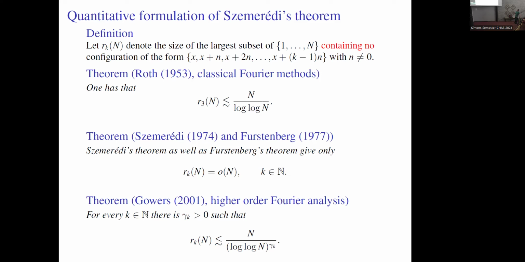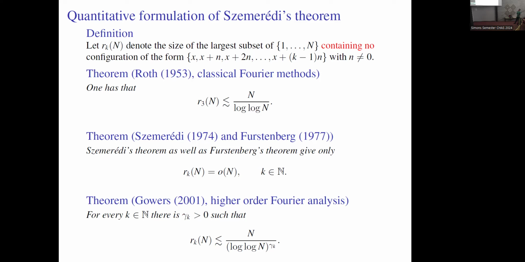This is what we understand by the quantified version of Szemerédi's theorem, and for Roth it's possible to derive this. This paper was in fact a trigger to understand this function, and now we have much better bounds. But I'm not going to talk about this.